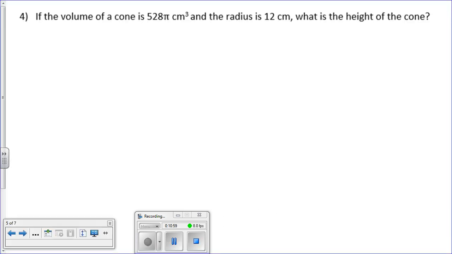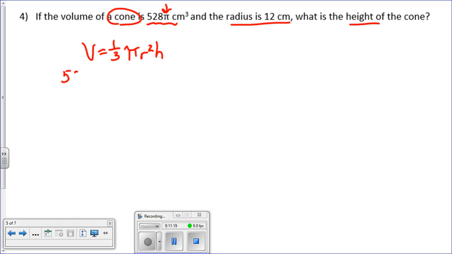If the volume of a cone is 528 pi, ooh, this is interesting. This one has a pi symbol on it, and the radius is 12. What's the height? Now we're talking cones, so volume is equal to 1/3 pi r squared h. So I'm going to do 528 pi is equal to 1/3 times pi times 12 squared times h.